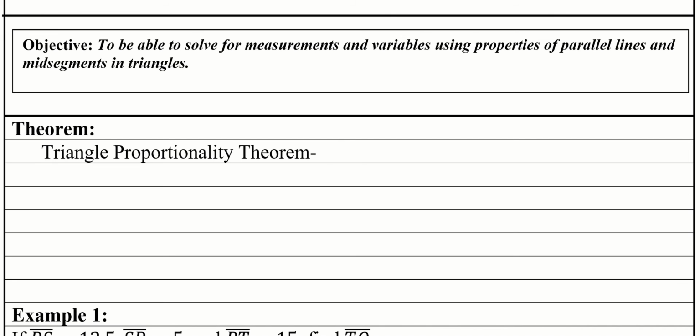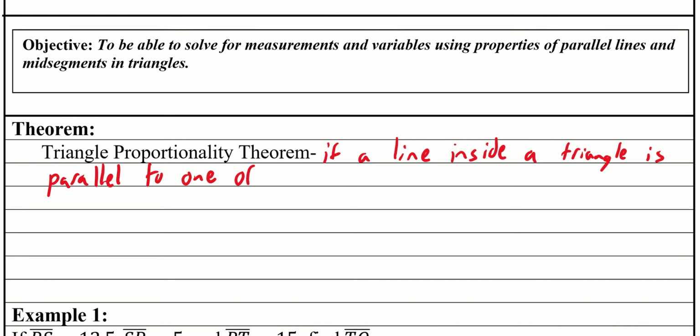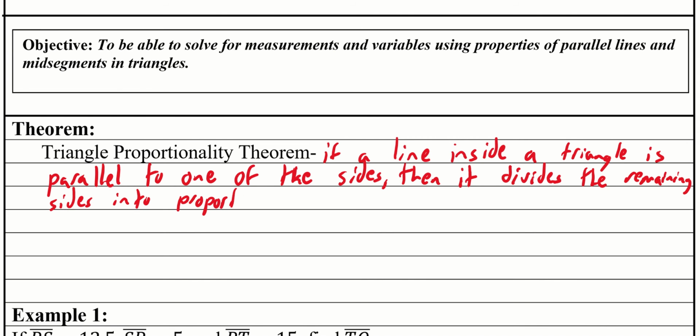And it says this: if a line inside a triangle is parallel to one of the sides, then it divides the remaining sides, or the other sides, into proportional parts.